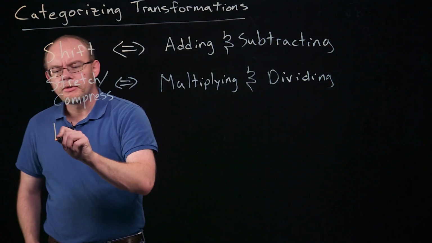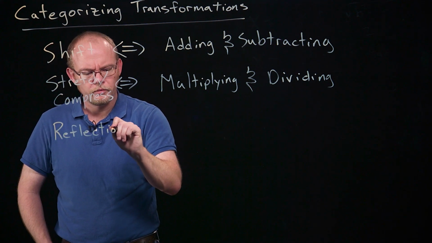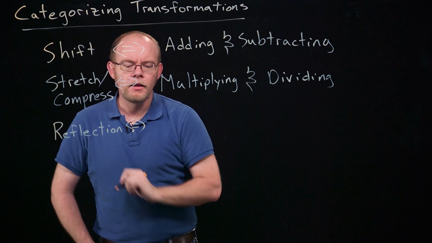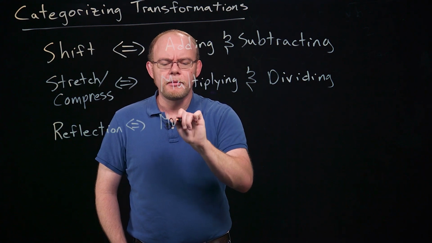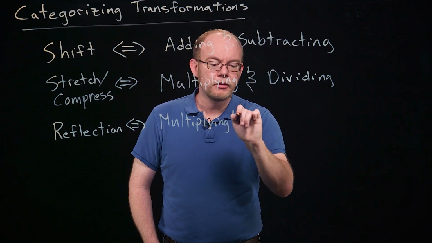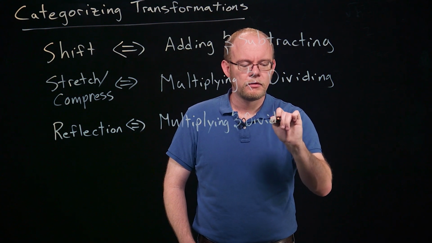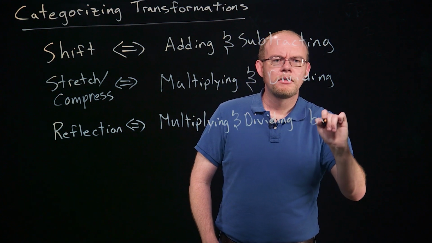And then finally, there was the reflection. And that corresponded basically to multiplying or dividing by -1.